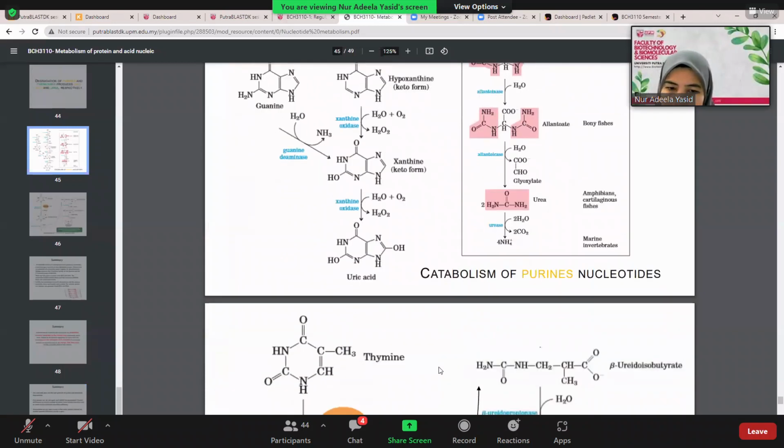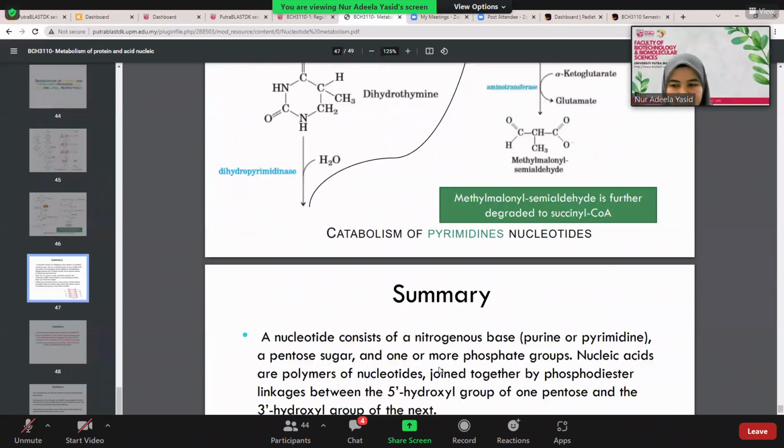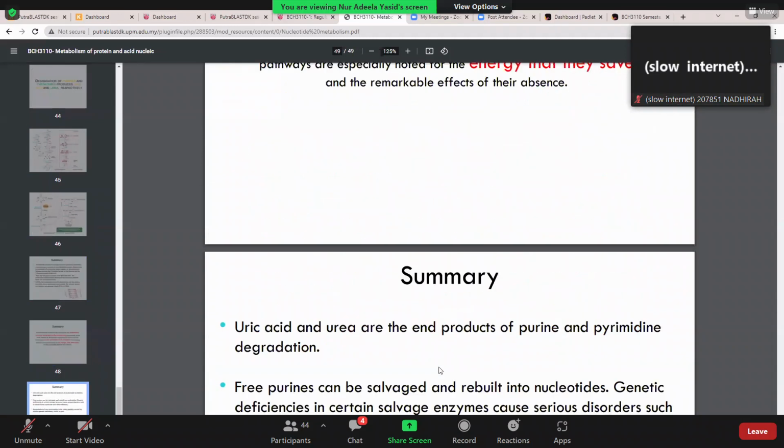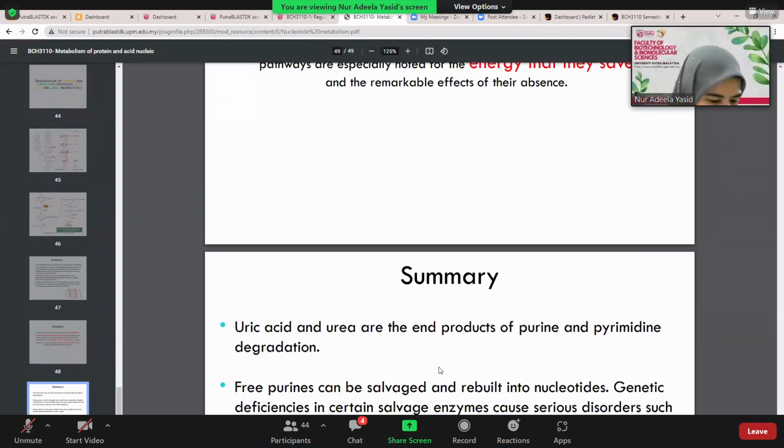Alright. Okay. Ada soalan? Tak ada, doktor. Alright. Okay. So we are done with nucleotide metabolism. We have another half an hour. After this, there is an activity, saya akan attach activity tu kejap lagi kat Putra Blast.